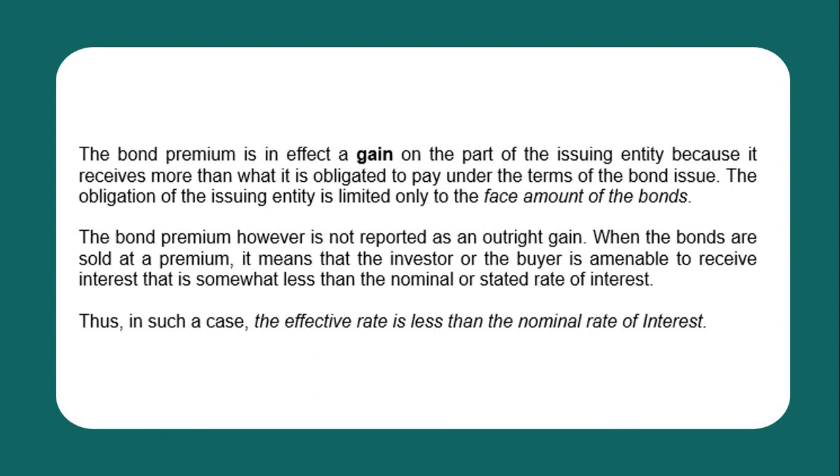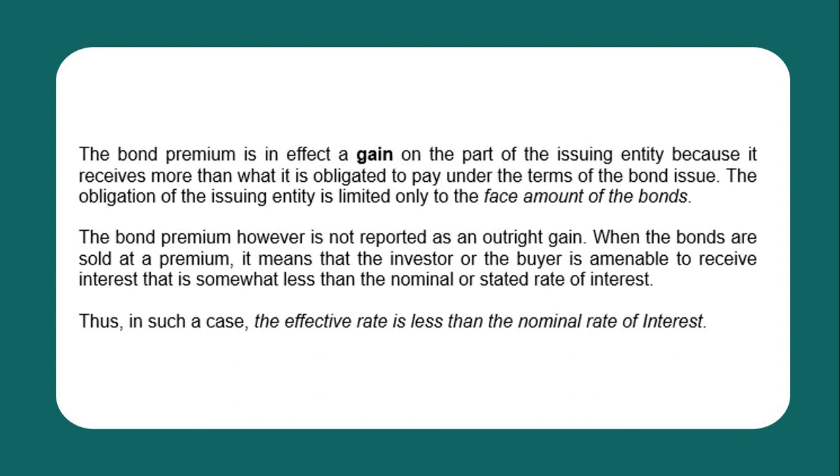But the bondholder or the investor pays more than what is intended to. Okay, more than 5 million. So, nagul siya ginansya. The bond, however, or the bond premium, however, is not reported as an outright gain. So, ginansya siya, pero dili siya i-recognize as an outright gain, which will be reported in the income statement.